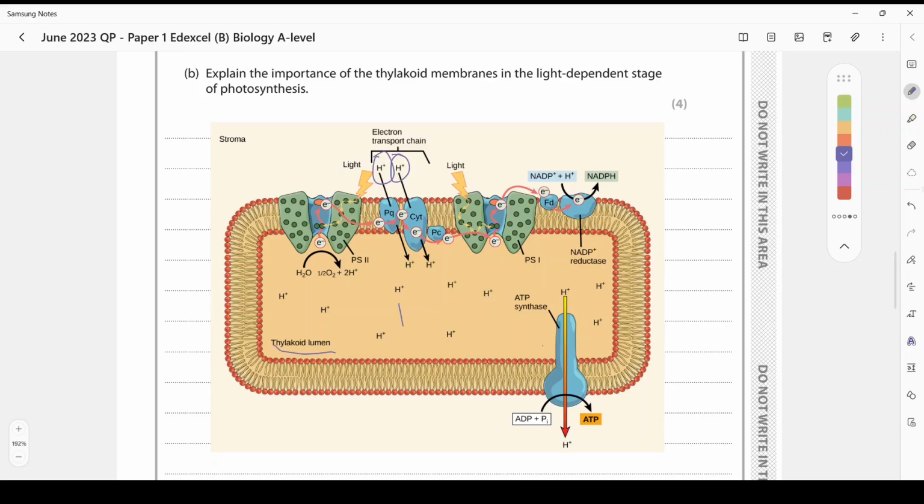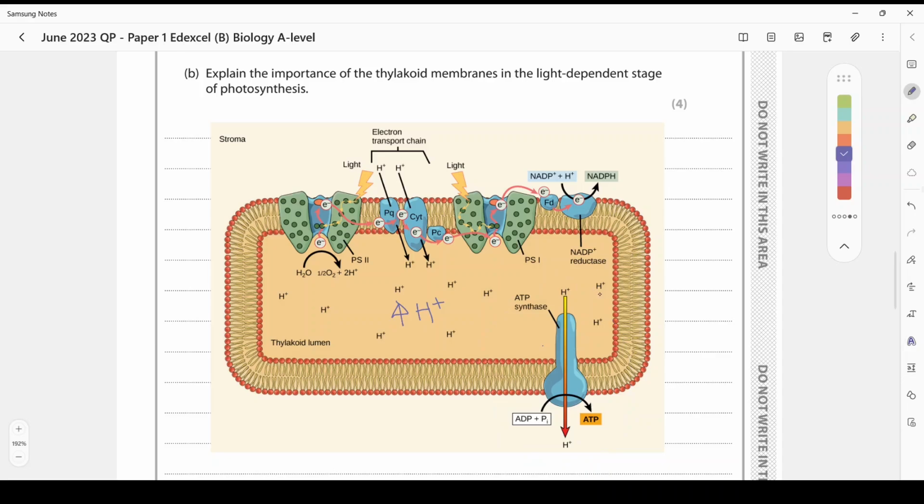So eventually what you have is this buildup of hydrogen ions inside of the thylakoid lumen, right? And the only way for them to leave the lumen, which they really want to do because it's very positively charged inside and there's a high concentration inside, is through this ATP synthase.